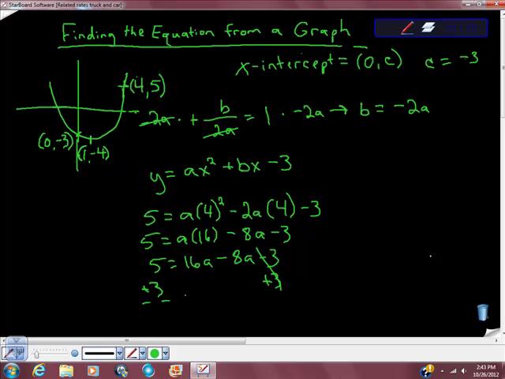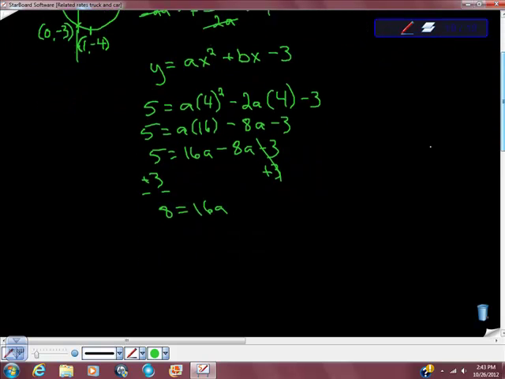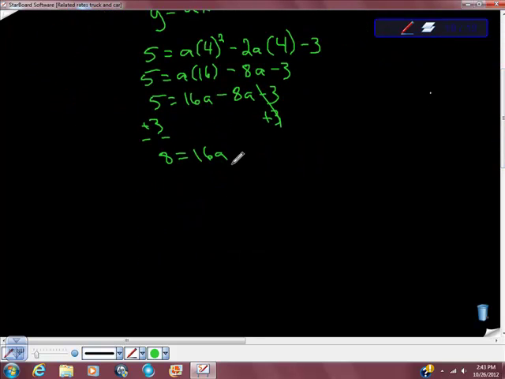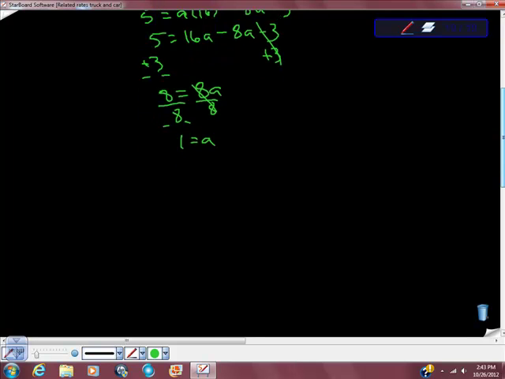That cancels, and that gives us 8 equals 8a, since 16a minus 8a gives us 8a. So then divide both sides by 8, 1 equals a.